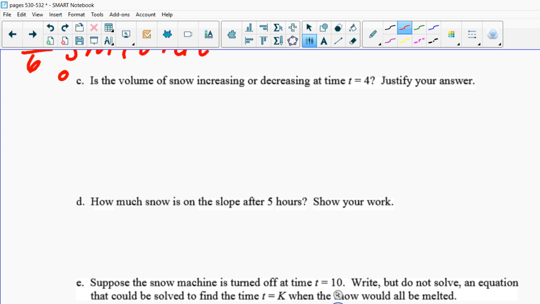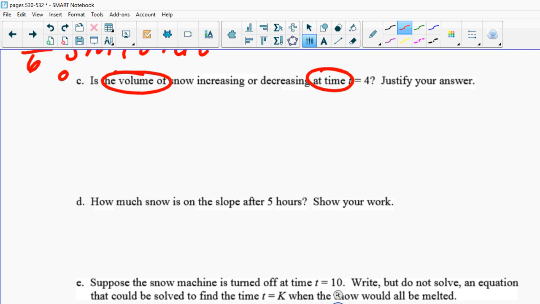So what we've got to do is write an equation for the volume of the snow at any time t. Notice this says at time t equal 4. But I'm not being asked how much snow is there at time t equal 4.